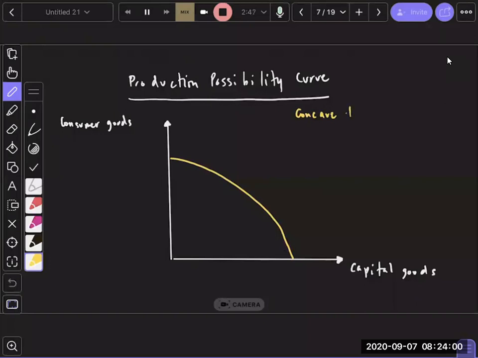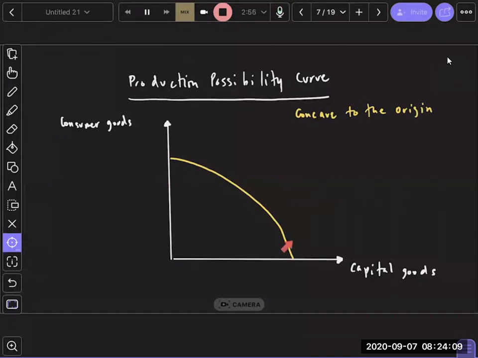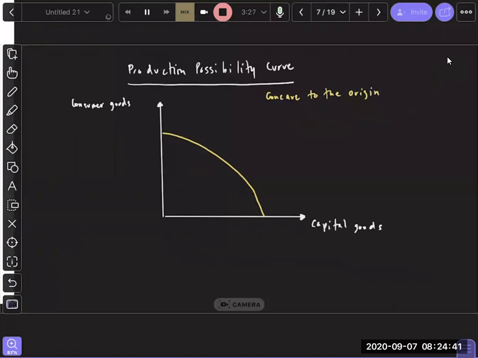It is a belly-shaped curve, concave to the origin. You could have a linear curve, or you could also have a convex to the origin curve, but we'll talk about why I've chosen this later.